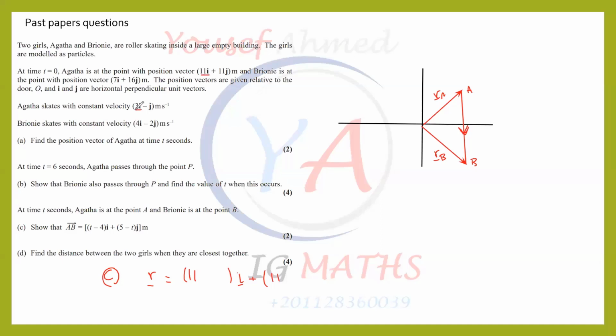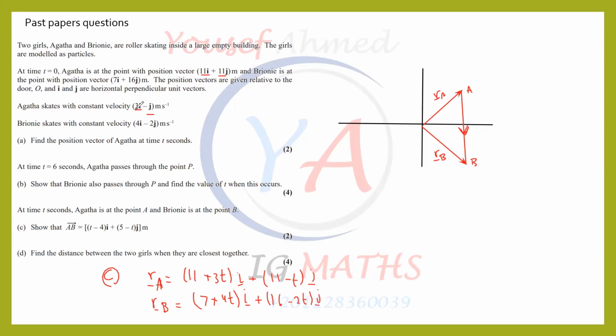This is for Agatha, and for Biruni, her position vector is RB equal to 7 plus 4t in i direction, and we have 16 minus 2t in j direction.